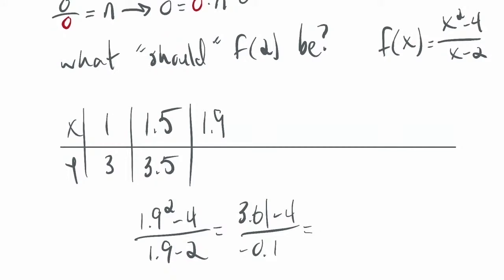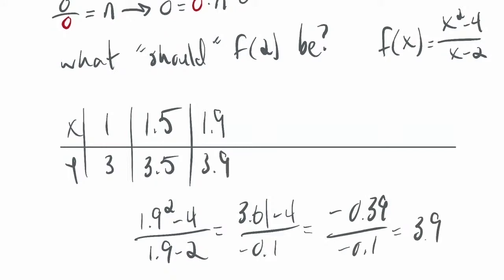I feel like I have a mistake somewhere. Maybe I should be using a calculator. So this is negative 0.39 over negative 0.1. So I get 3.9. Okay, so 3.9 is what we get as a result.